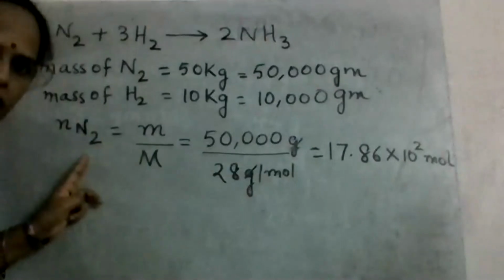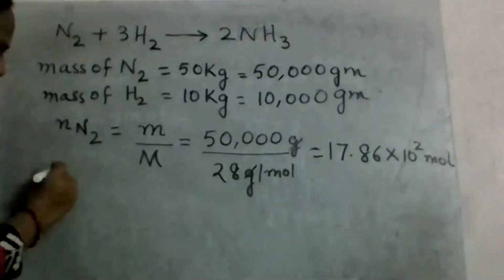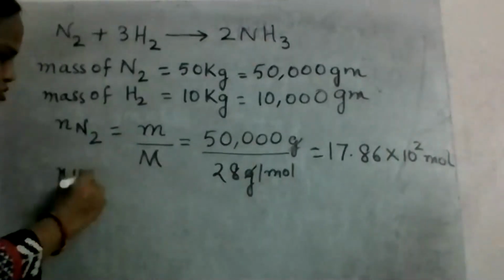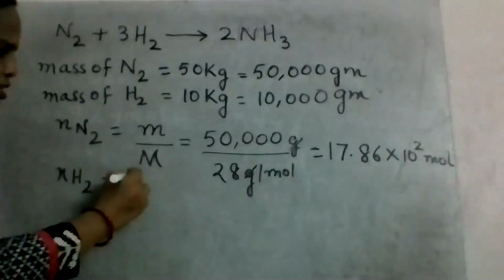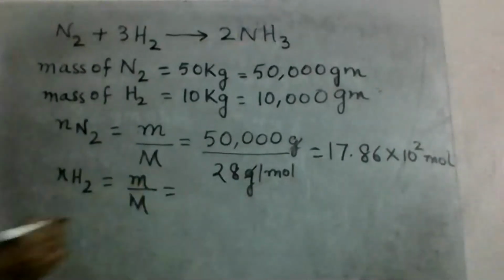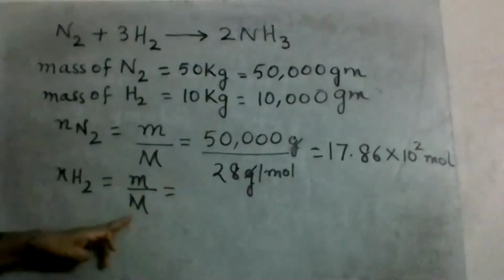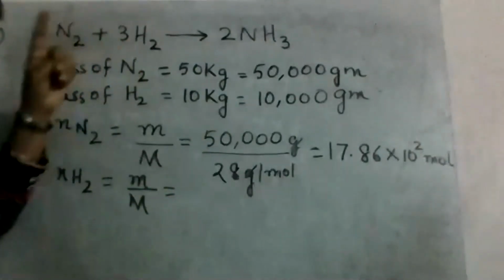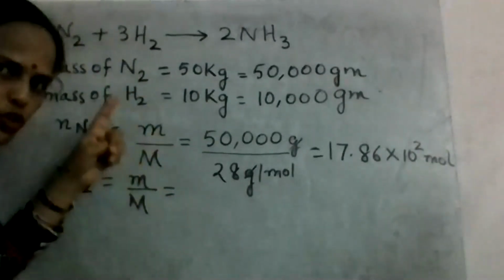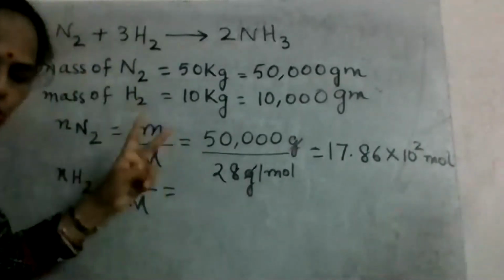I just calculated the number of moles for nitrogen as given mass upon molecular mass. Similarly, I'll calculate the number of moles for hydrogen, again given mass upon molecular mass. Given mass is 10,000 grams, and the molecular mass for one hydrogen atom is 1.008, so for two hydrogen atoms it is 2.016.